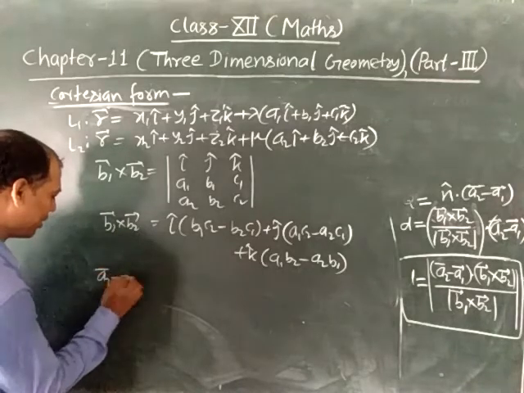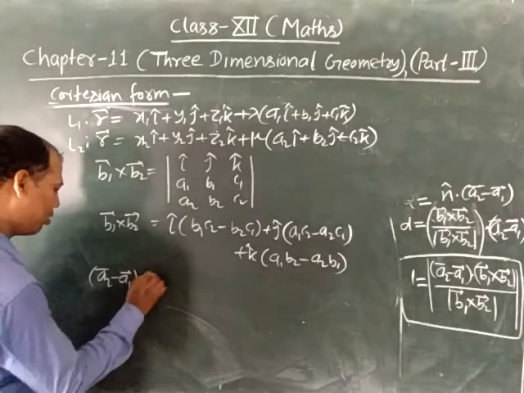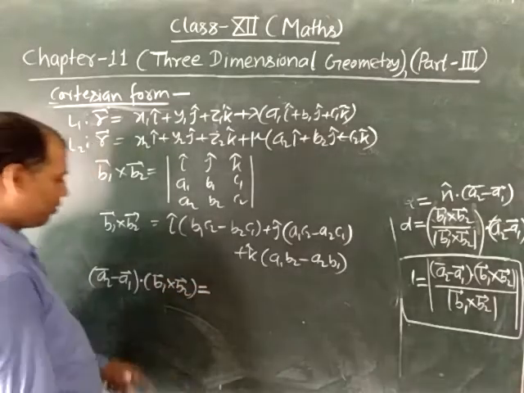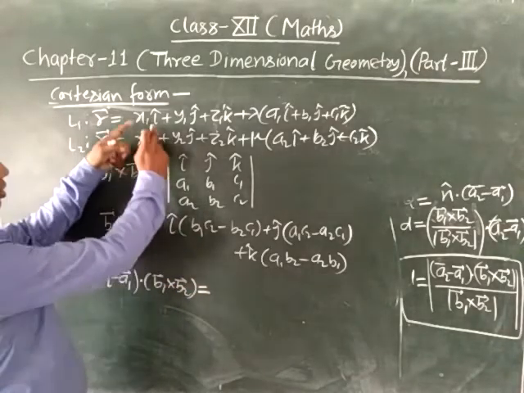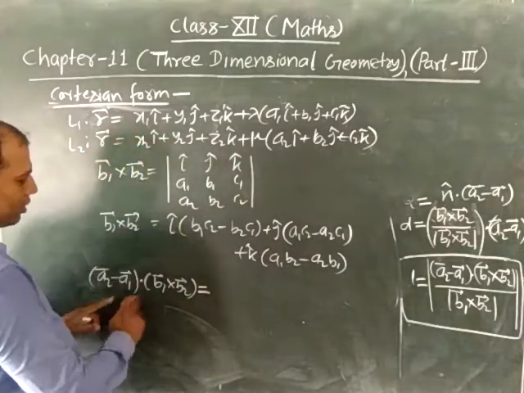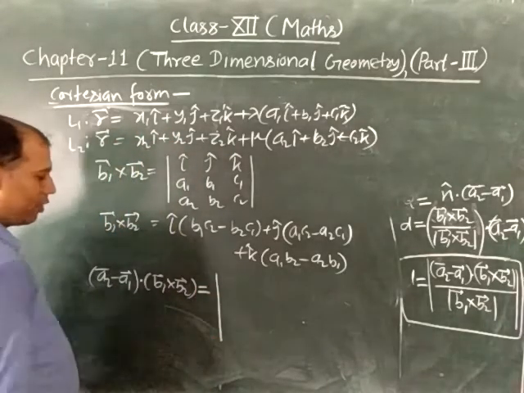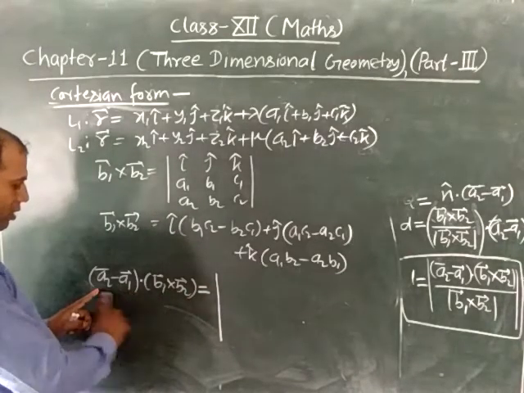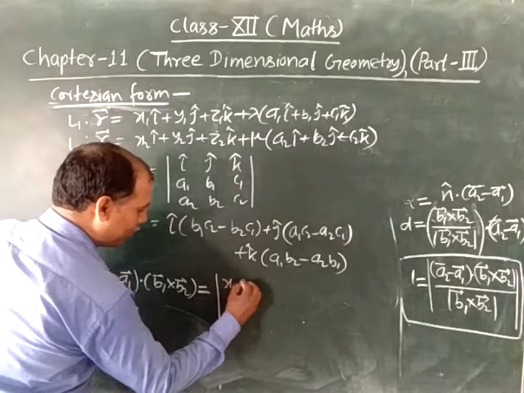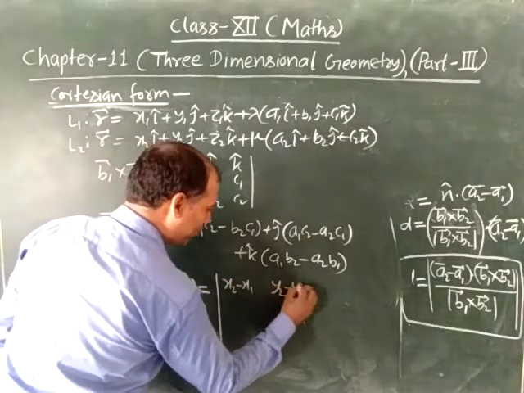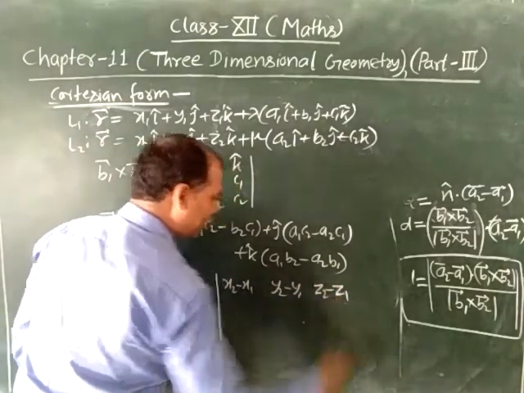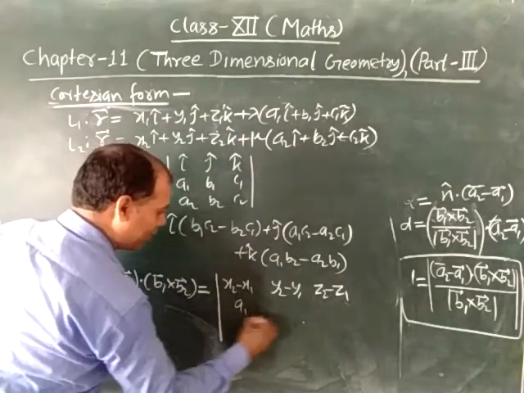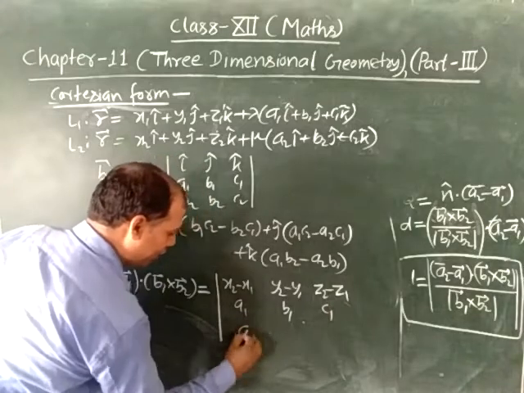Now a2 minus a1 dot b1 cross b2, the dot product of a2 minus a1 and b1 cross b2, can be written by the value of the determinant, in which a2 minus a1 has components x2 minus x1, y2 minus y1, z2 minus z1, and the components of b1 and b2 are a1, b1, c1 and a2, b2, c2.